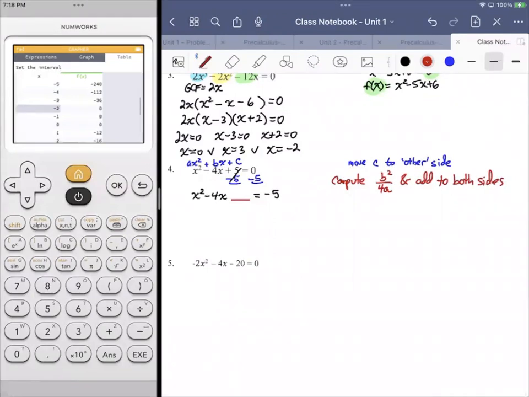So that computation in this case is going to be -4 squared over 4 times 1, because that a value, there's no coefficient written there, but that means it's an assumed 1.